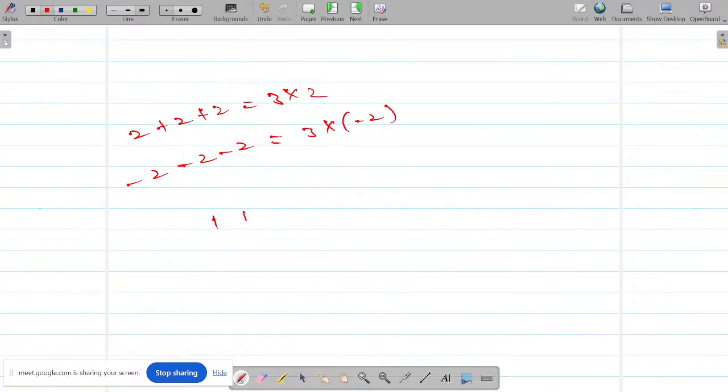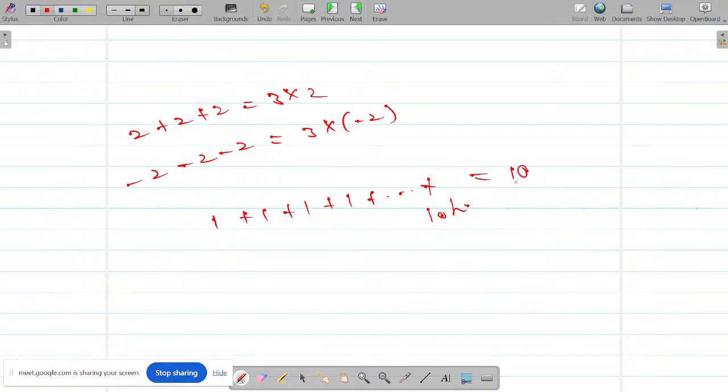Why? 2 plus 2 plus 2, 3 into 2, right? Minus 2, minus 2, minus 2. How many times does minus 2 come? 3 times. So 3 into minus 2, right? 1 plus 1 plus 1 plus 1, 10 times.